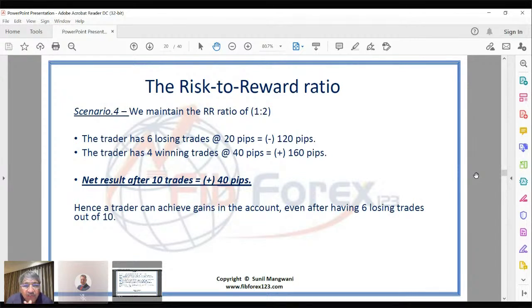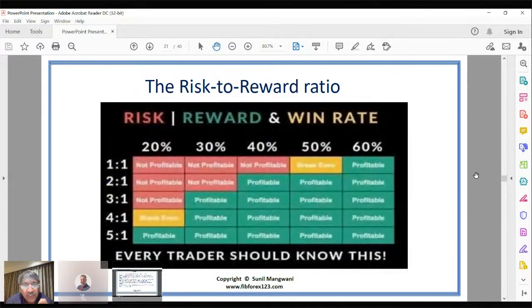So which means if I maintain my risk to reward ratio, my win loss ratio is not important, even after having a larger number of losing trades. Now, this is one slide, which is not mine, to be honest. I picked it up from the web, but I kept it because it actually demonstrates this so well. On top is your win loss percentages, 20%, 30%, 40%, whatever.